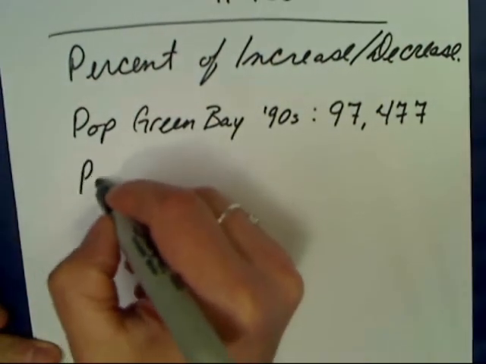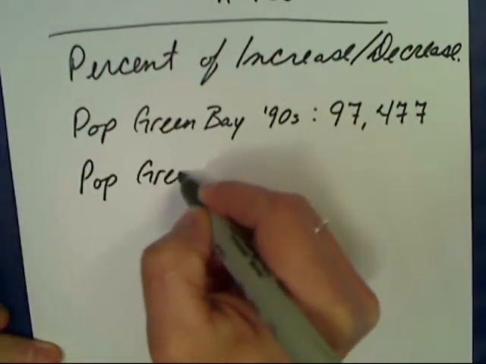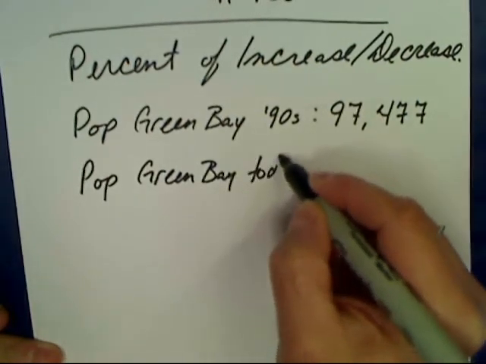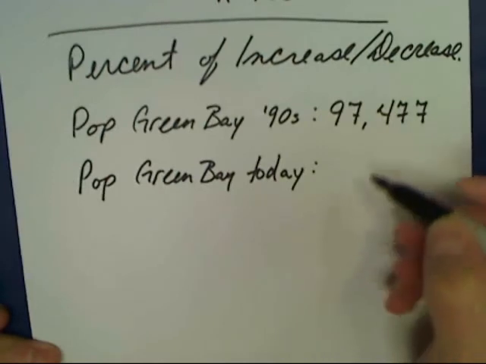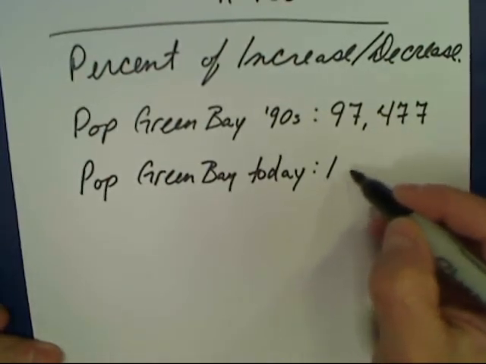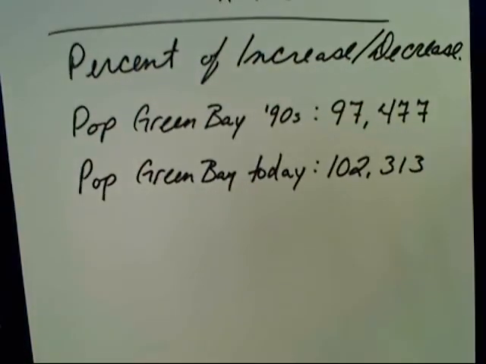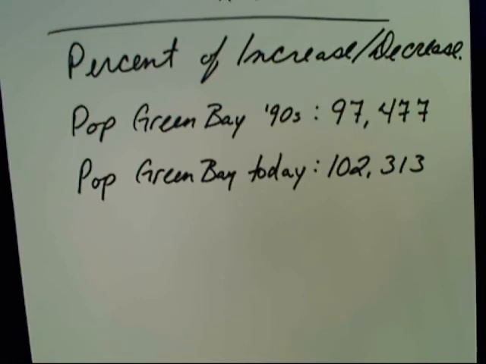And then let's say the population in Green Bay today, according to the signs that I pass all the time, is 102,313. You can tell that our population increased from the 90s to what it is today, or at least the last time that they updated that census sign.